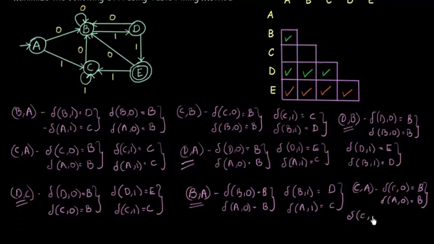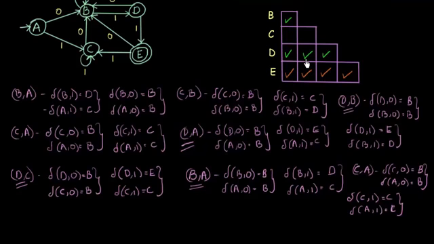Now let's check for the next input, that is C on input 1. It goes to C. And A on input 1, where does it go? It goes to C itself. So the pair we get is CC. So CC is again not existent in our table, so no need to mark this. So we completed CA. Now let's come to CB.